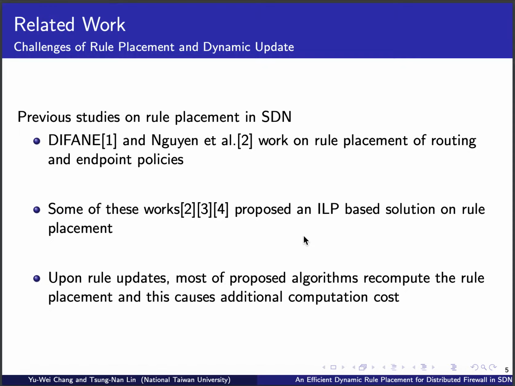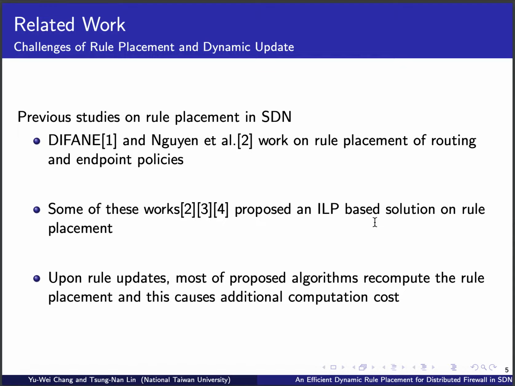Several previous studies have been done on this rule placement in SDNs, such as Daifan or Nguyen Yan. They have worked on the rule placement of routing and endpoint policies. And other works have also proposed a similar integer linear programming based solution on rule placement. Upon rule updates, most of the proposed algorithms will have to recompute the rule placement, and this causes additional computation costs.